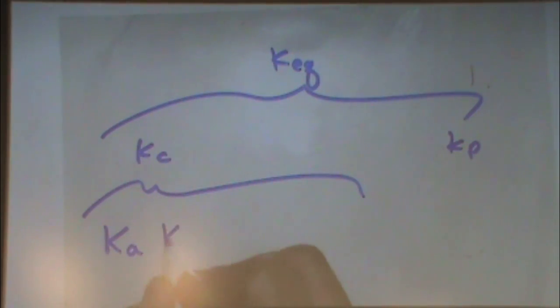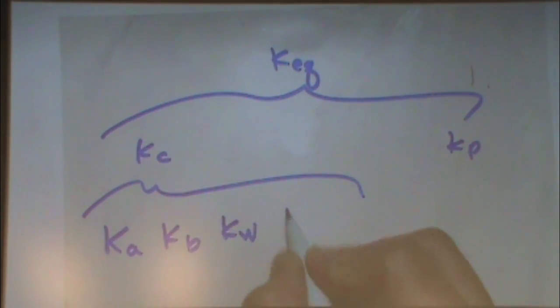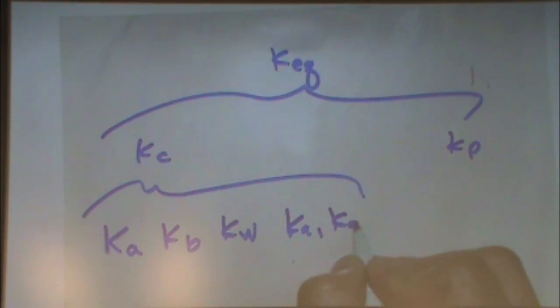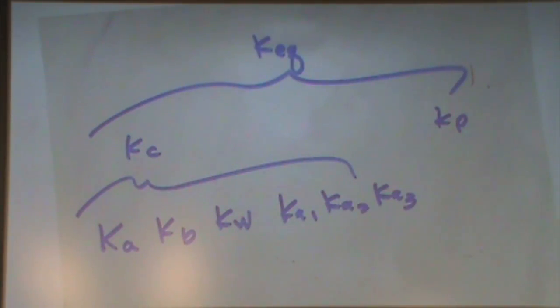Ka is a Kc, Kb, Kw, Ka1, Ka2, Ka3, and everything else in the next chapter are all going to be Kcs. So these are all Kcs, but you want to always recognize and use the right K for the right reaction. When you're looking at the reaction, decide which one of these Ks am I using. Okay, so that's all I have to say about Ks.